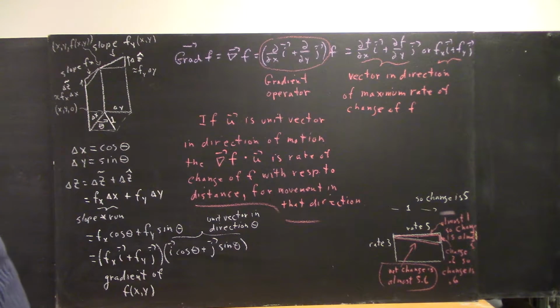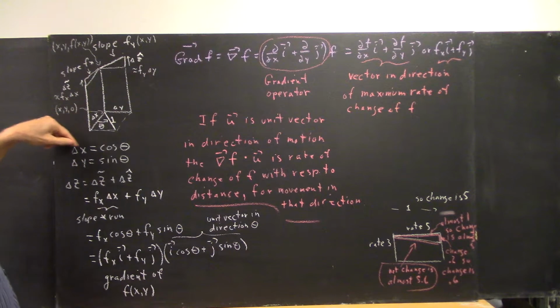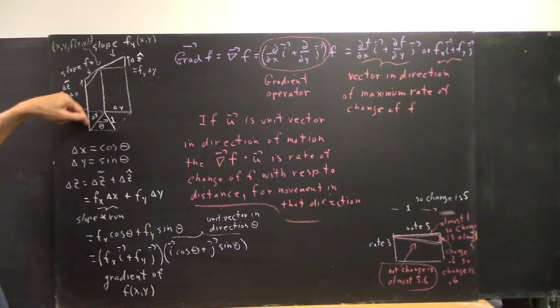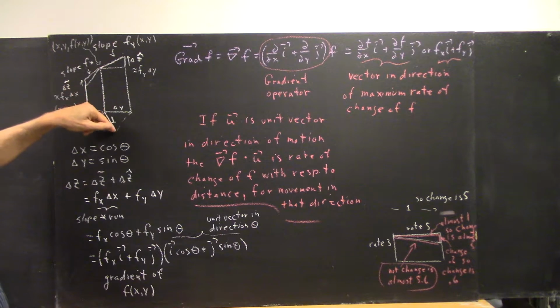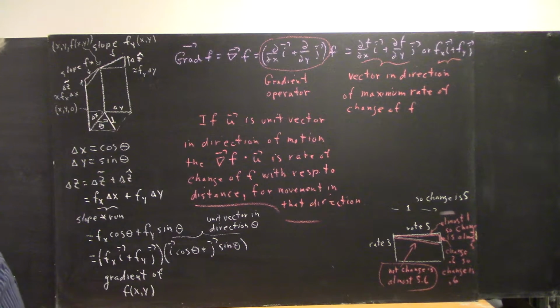And we see that if this angle is theta, our delta x is cosine theta, because here we have the adjacent side of a right triangle whose hypotenuse is 1. And delta y is sine theta.